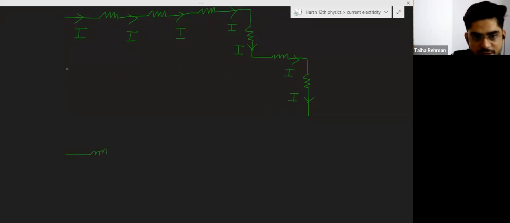Now I am just changing a little bit. Suppose this resistor is connected like this and this wire is connected like this.